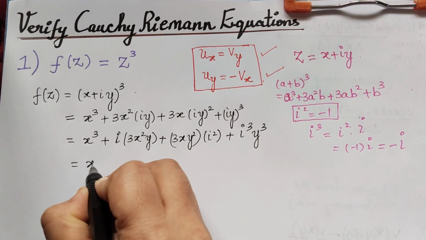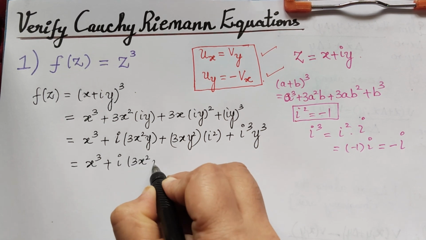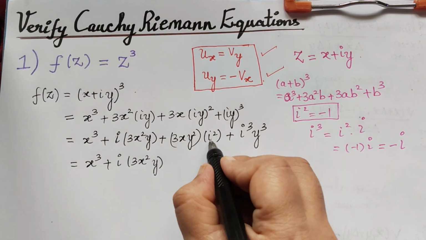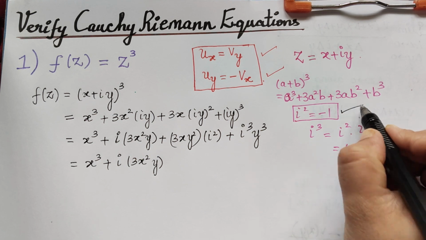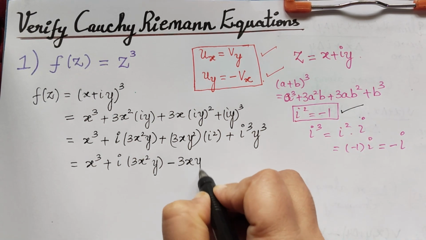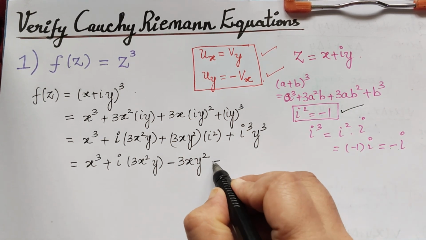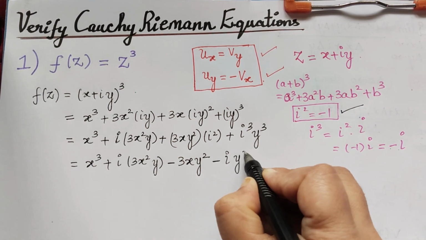So that's equal to x cube plus i multiplied with 3x square y, and we have i square here. The value of i square is -1, so it is minus 3xy square, and i cube is minus i, so minus i y cube.